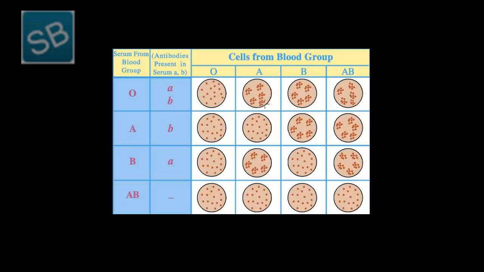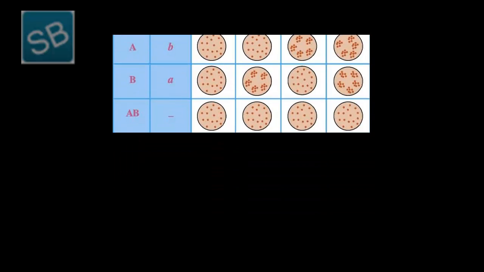This figure describes the reaction between antigen and antibody that takes place within a person and correspondingly the blood group that is formed. As can be seen, this describes the antigen, this the antibody, and correspondingly the blood group is obtained. Such a reaction, that is compatibility of blood group, is generally checked with the help of a serum test.